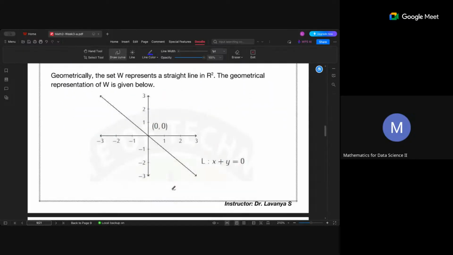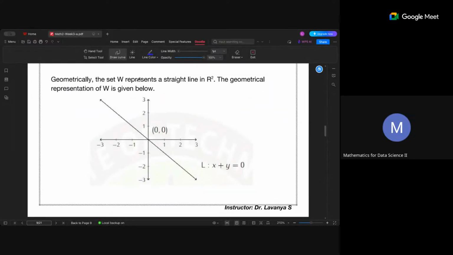So geometrically, what does this W represent? It represents a straight line in R2. What is specific about this straight line? It passes through the origin. This line L passes through the origin.